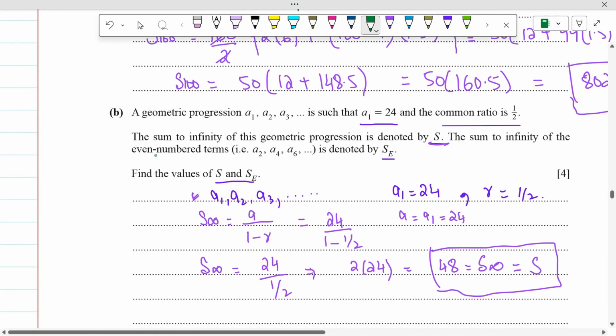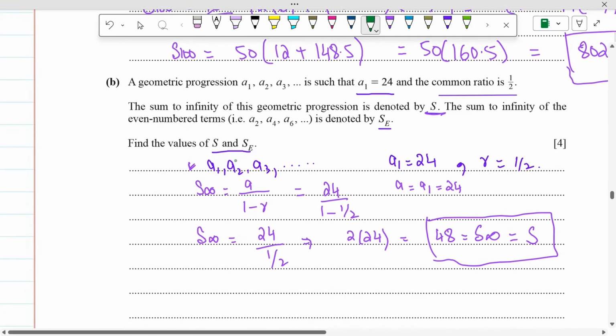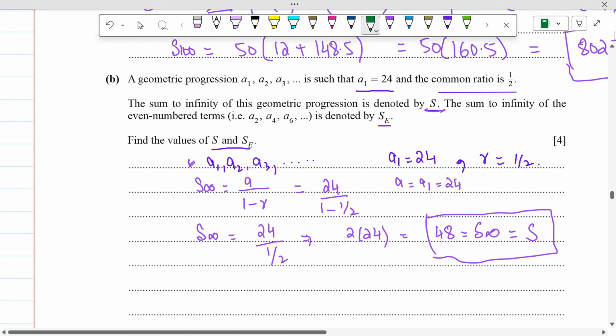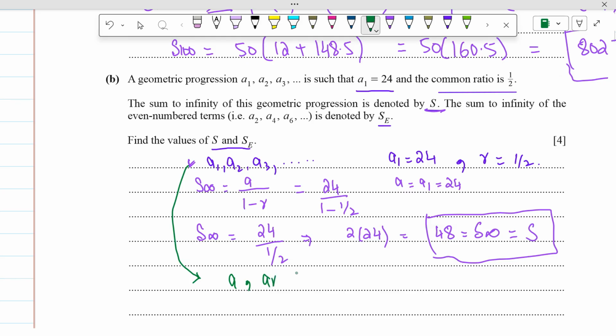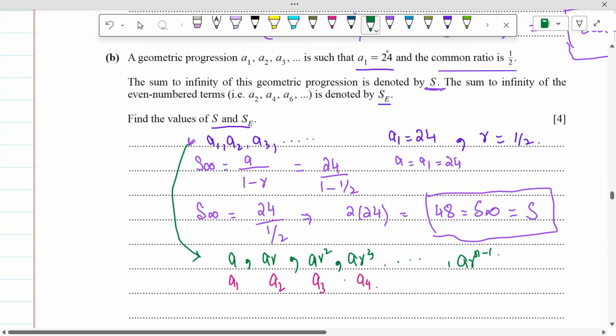Now we have the even-numbered terms, which are a2, a4 and a6. The progression is a, then ar, then ar squared, then ar cubed, and it moves on up to ar to the power of n minus 1. This one is a1, this one is a2, this one is a3, this one is a4, where a is given, which is 24.